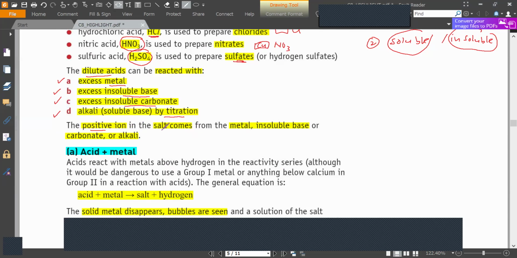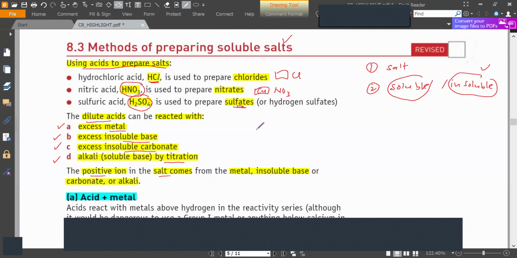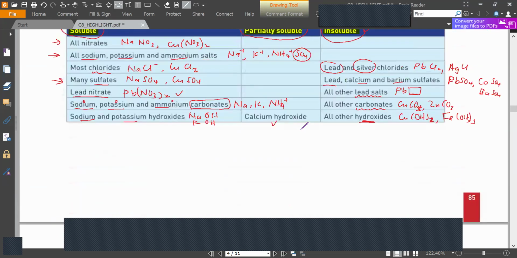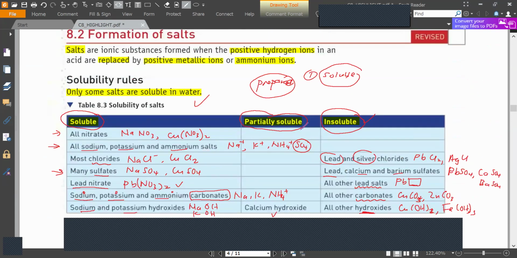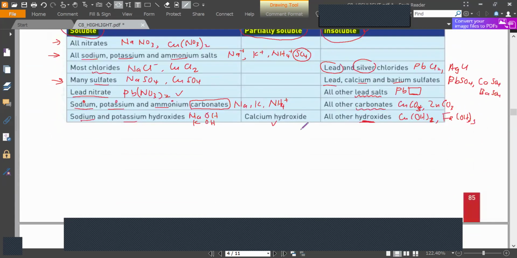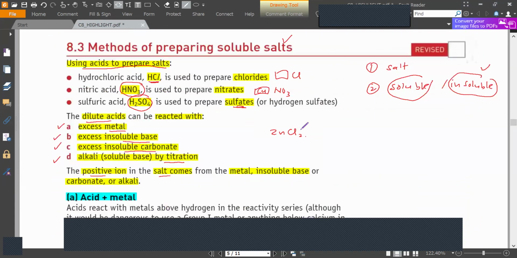The positive ion in the salt comes from the metal. Let's say we want to make zinc chloride.